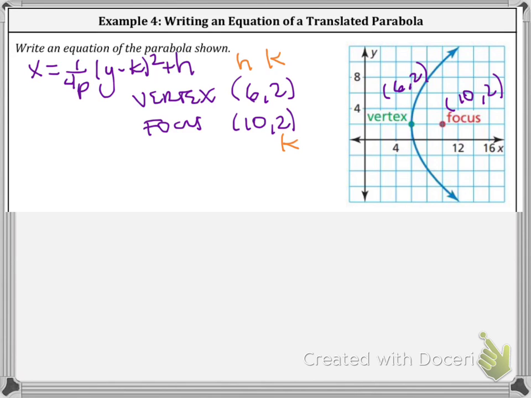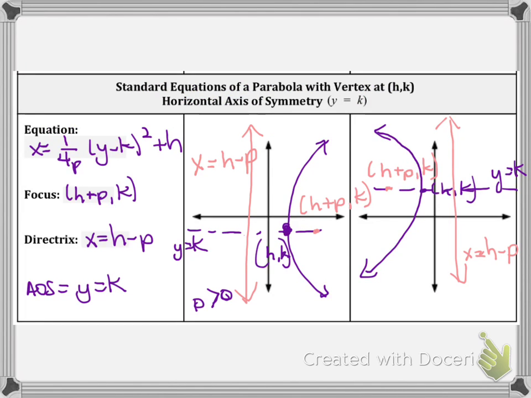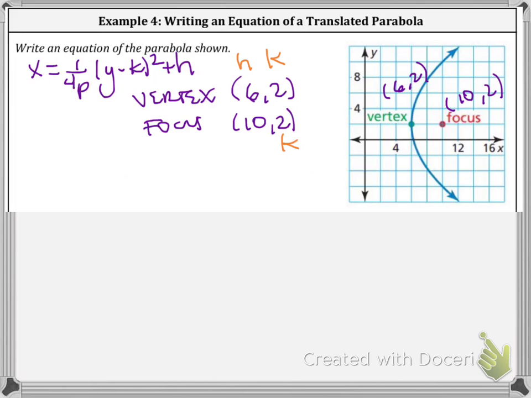And if we go back to the other information we had before, in looking at our focus, we know that h plus p is that value here, and then the k value. So let's put that along with our focus, h plus p, and then k. In order to figure out what p is, we're just going to write an equation.